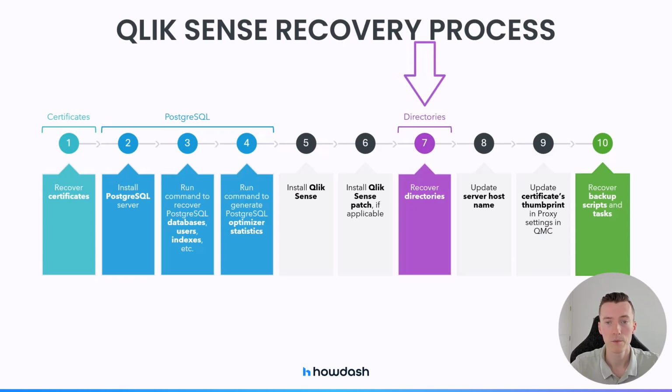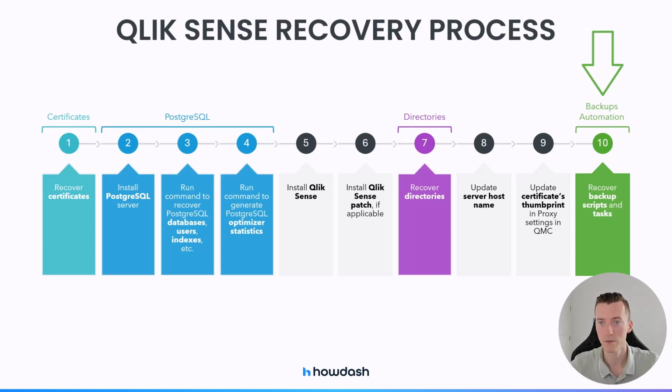The purple one deals with recovering directories, and the green one is only applicable if you have your backups automated, but if you do, you would also back up and recover backup scripts and tasks to make sure that your recovered Qlik Sense server will continue to be backed up post-recovery.